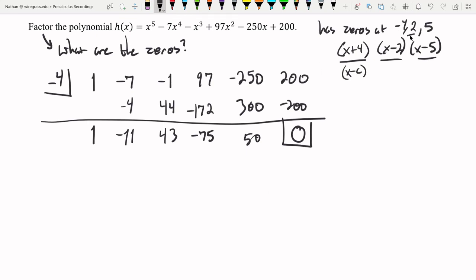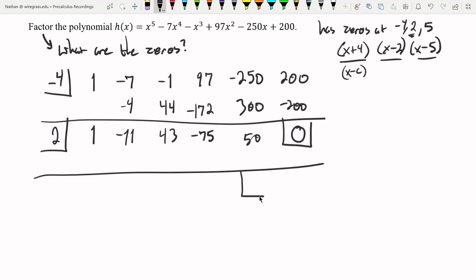The next 0 we want to remove is 2, so I can just write 2 here and restart the whole process. We're not going to use a 0, that's just a 0 for the remainder. We know that 2 is a 0 of this polynomial, so I expect a 0 for remainder. Going ahead and doing the process: add going down, multiply by 2.